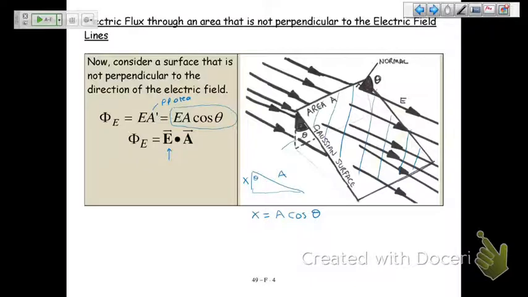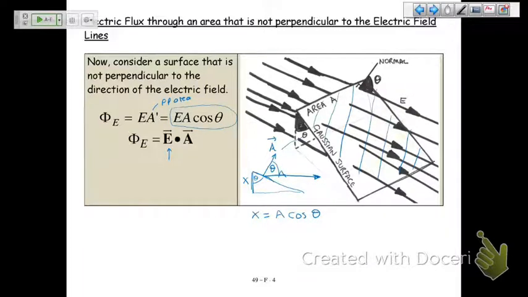The interesting thing is, if you look at the geometry of this, if that is my vector A, and that is my theta, and there's my field direction, what you'll find is that this angle theta here is the same as that angle theta there. So very quickly people say, don't worry about trying to visualize it.